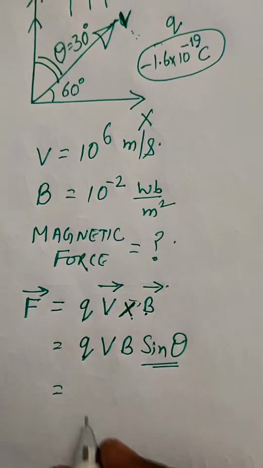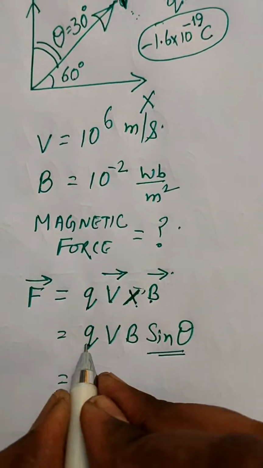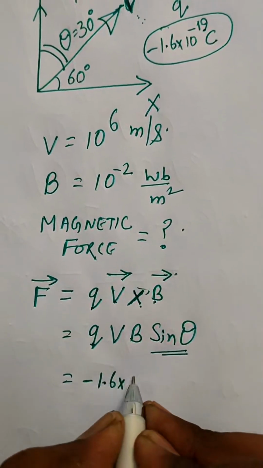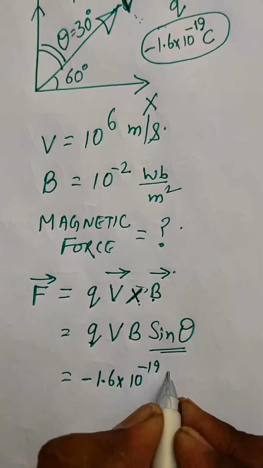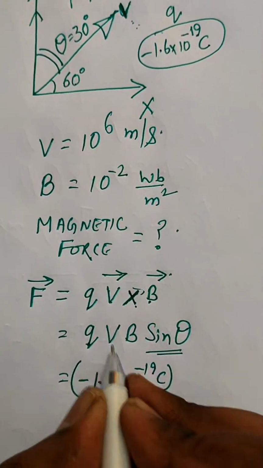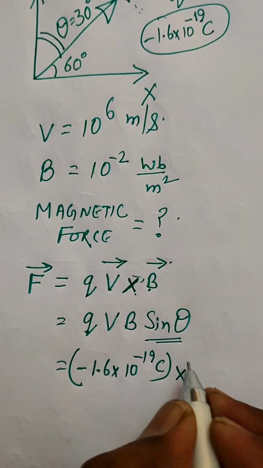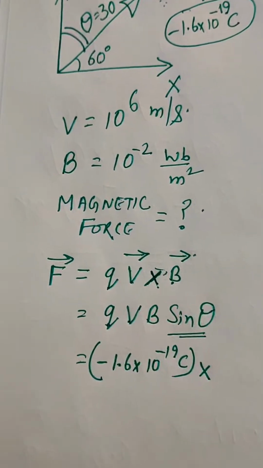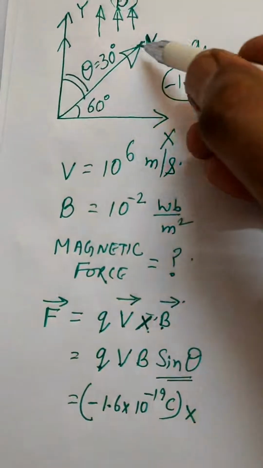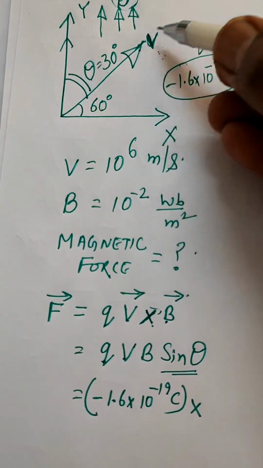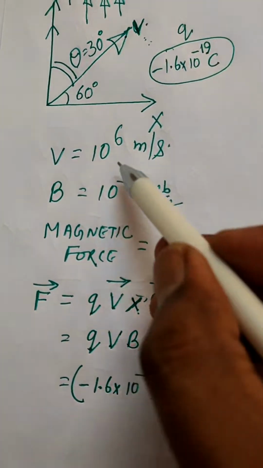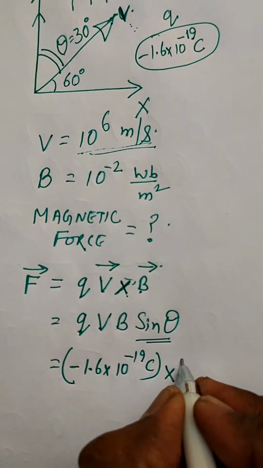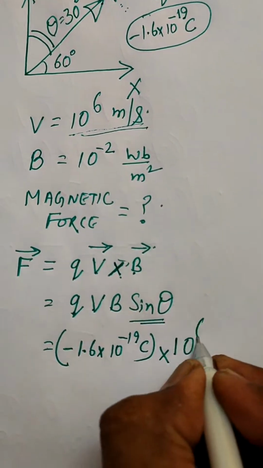So just put the value of Q as minus 1.6 into 10 power minus 19 coulomb. This is multiplied with V. What is the velocity? V is 10 to the power 6 meter per second. So just write the value, 10 power 6.